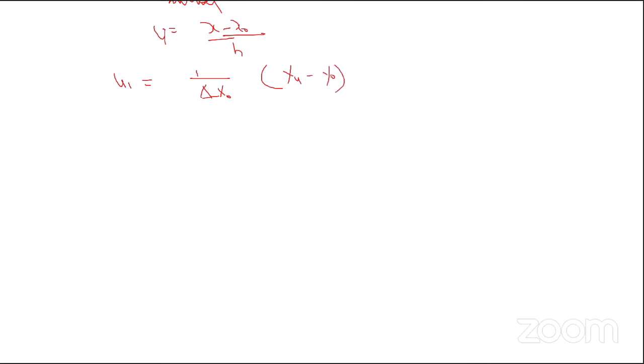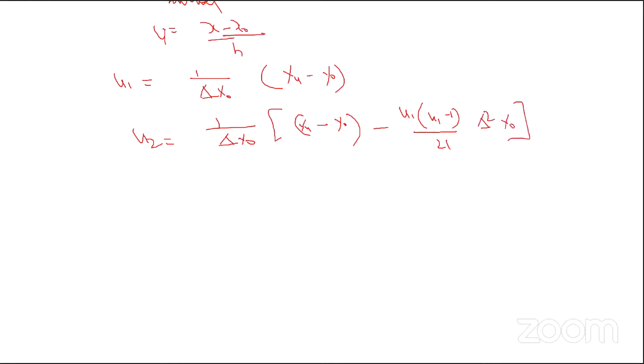Next, u2 equal to 1 by delta y0 into [(y minus y0) minus u1 (u1 minus 1) by 2 factorial into delta square y0].